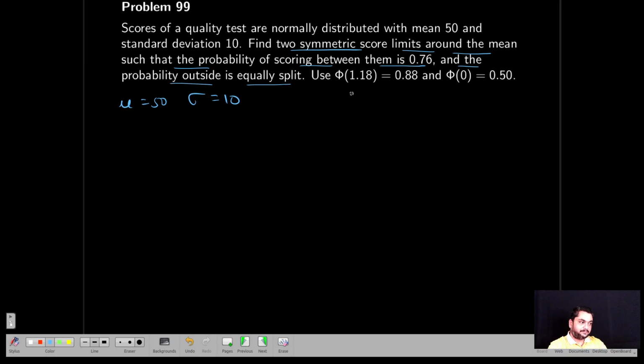So what they are saying, this is your curve. The mean is given as 50, mu equal to 50. The standard deviation is 10.